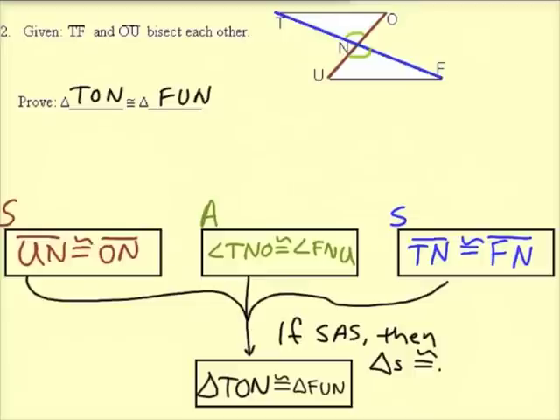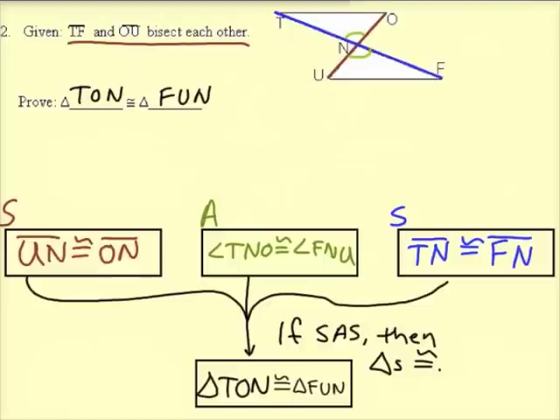Well, okay, so why are all of these segments congruent? The red segments, UN and ON, why are they congruent? Well, they're congruent because TF and OU bisect each other. And what that means is, I know that TF bisects OU. Also, OU bisects TF.